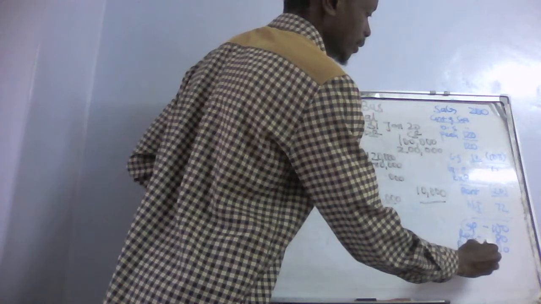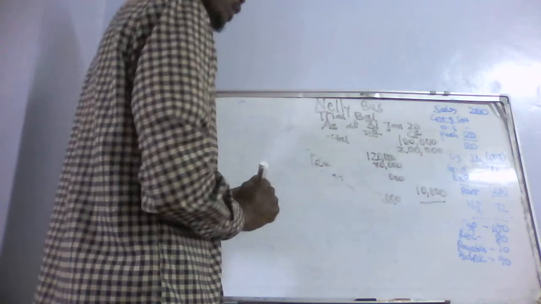So this is information from the trial balance which I will use in the statement of financial position.